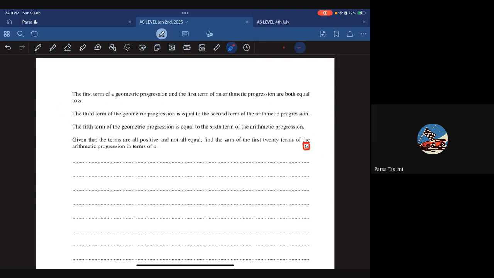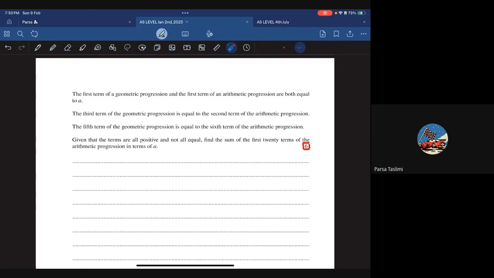Okay. And in the end, when I do this question with you, this is the first question that we're going to do in the next class. Also, do not look into the mark scheme for this. Even if you guys do, it's not going to be really helpful. I cannot understand the mark scheme no matter what I do. It's always a very weird question, like the third term of the geometric progression is equal to the second term of the arithmetic progression.